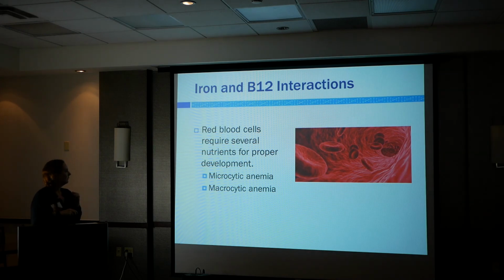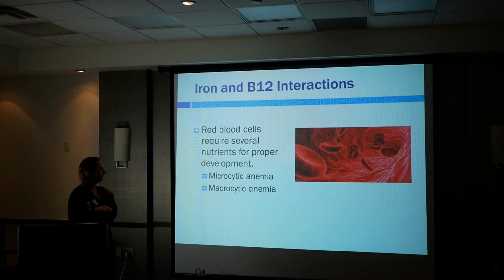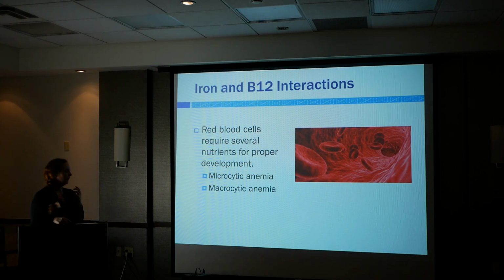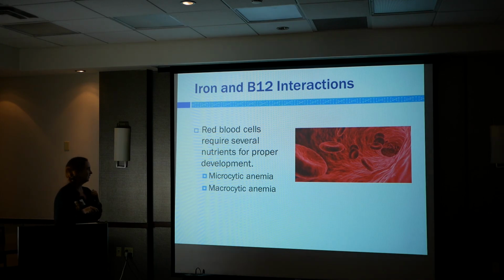So you can have microcytic anemia, which is caused by low iron, or macrocytic, which is caused by low B12, or if you have both, I believe the manifestation is microcytic anemia. Just look that one up too, sorry.